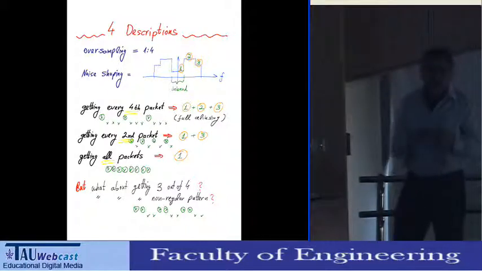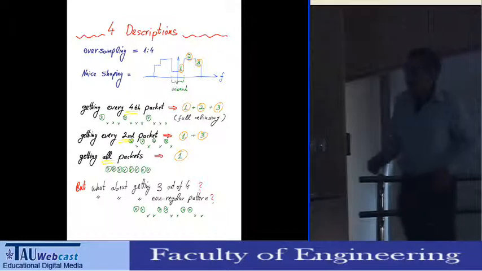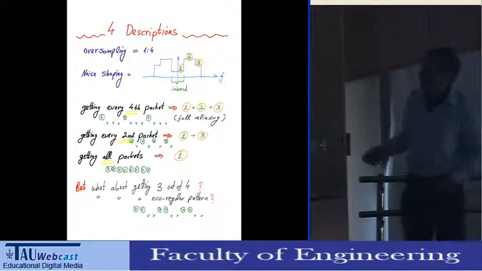What happens if I get every second packet? This amounts to uniform sampling, which is less than needed by the entire spectrum, but better than what is needed by the source. It turns out that we will get only a collapse of 3 on 1, and this will contribute to the distortion. The 2 will stay outside by the low-pass filter. And if I'm getting all of them, I can stay only with this part of the spectrum.